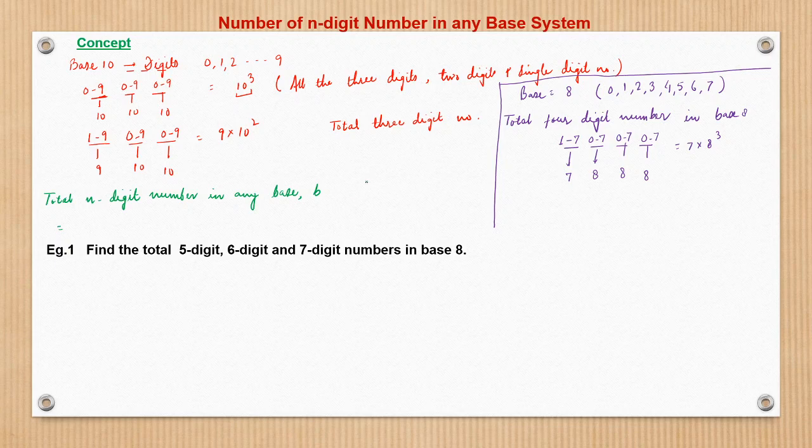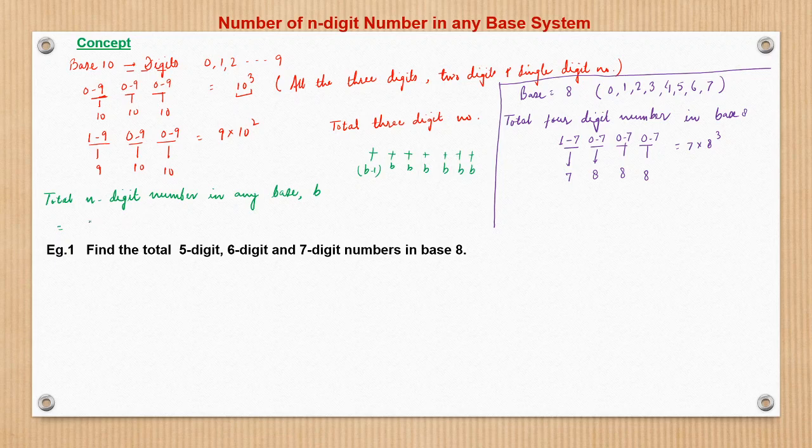The digits will take values from 0 to b minus 1, right? For n-digit numbers, the n minus 1 places can each have b different values, and the leading place will have b minus 1 values, right? So there will be n minus 1 places which take b values, and one place which takes b minus 1 digits.